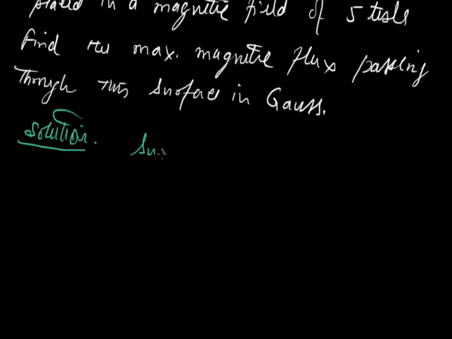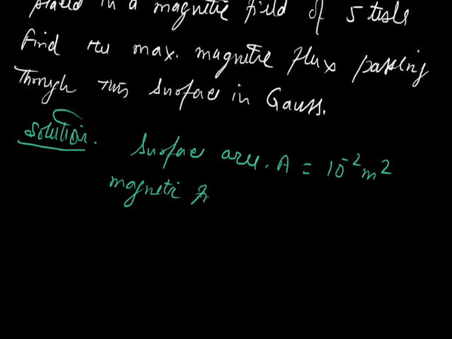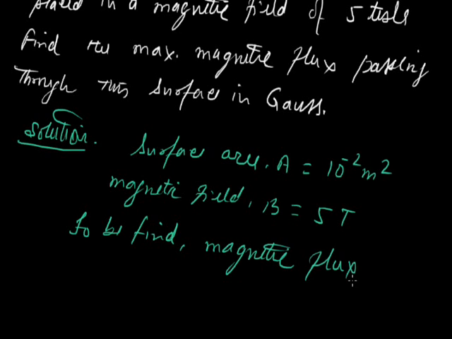Surface area A is 10 raised to the power minus 2 meter square. Magnetic field B is 5 Tesla. To be found is the magnetic flux, phi.